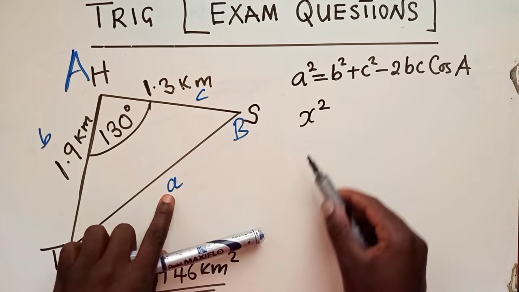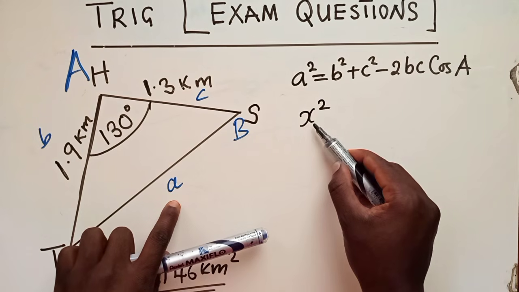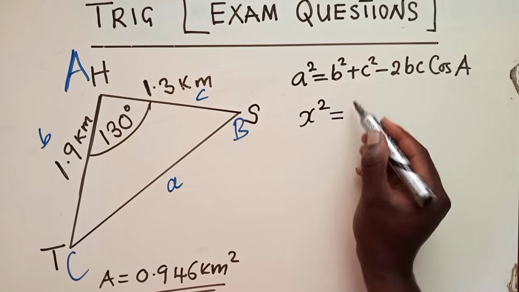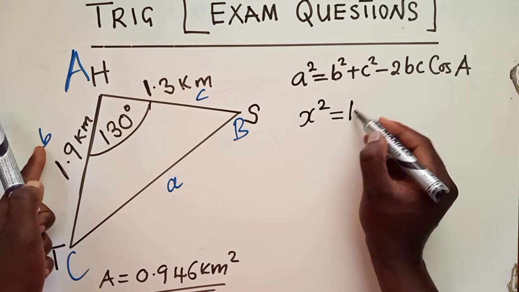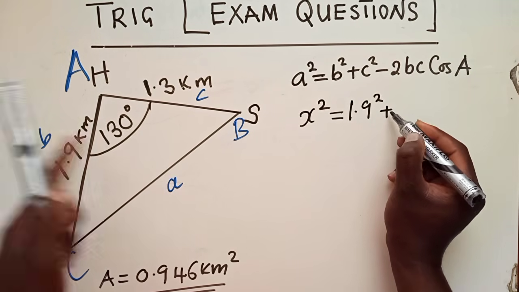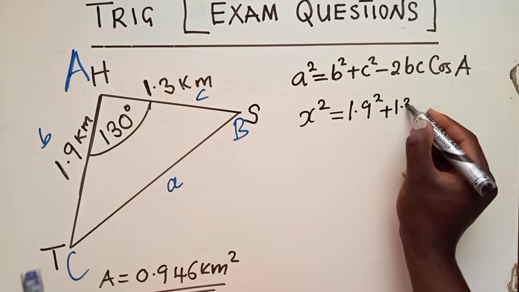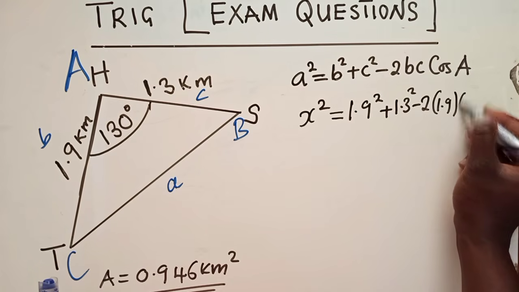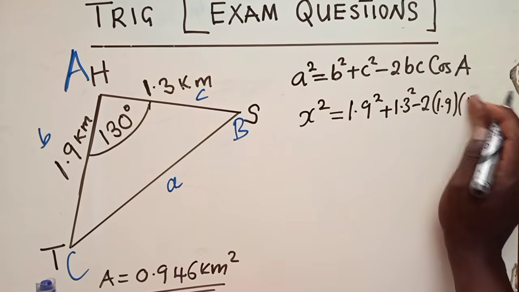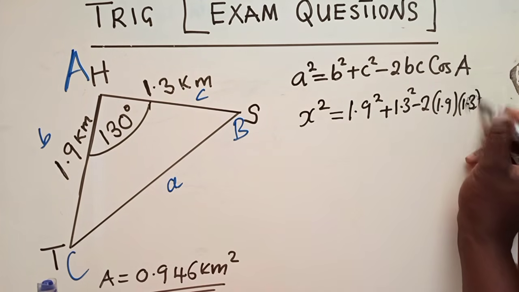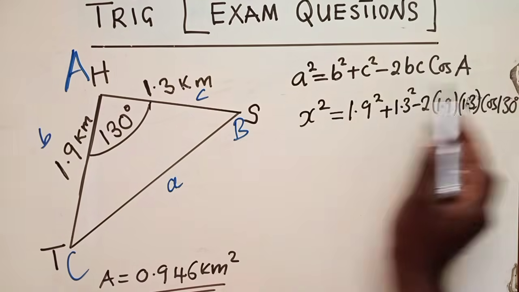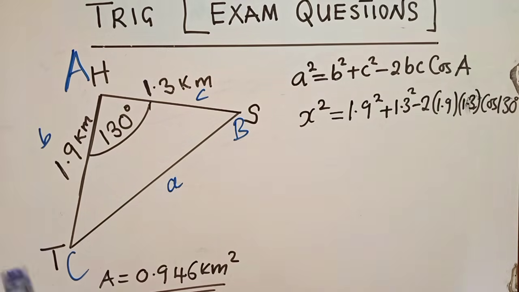If you want, you can put a squared, or x squared, but I like putting x. x squared is equal to my small letter b, which is right here, 1.9 squared, plus my small letter c, right here, 1.3 squared, minus 2 times 1.9 times 1.3 times cos 130 degrees. Capital letter A is 130.